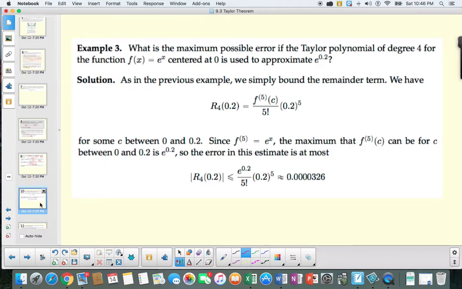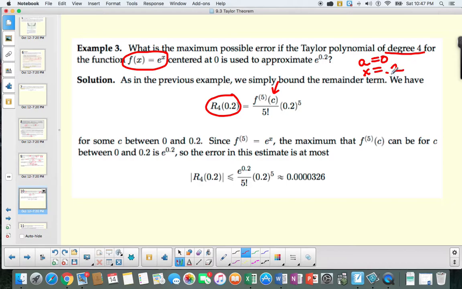All right, let's take a look at e to the x. And we're going to take a degree 4. So it means our remainder sub 4 will be the very next derivative, the 5th derivative, evaluated at some c. Remember that a is equal to 0 because that's the center, and we're trying to evaluate at x equal to 0.2.